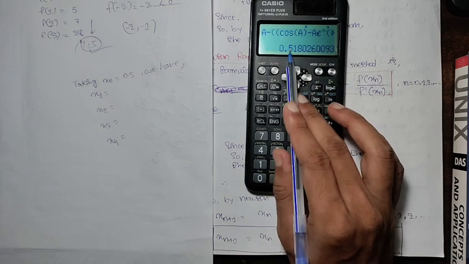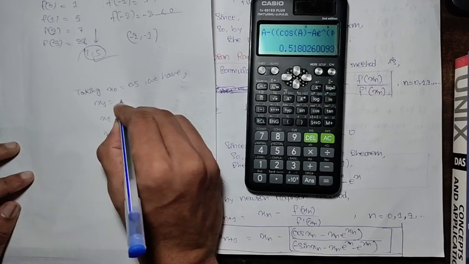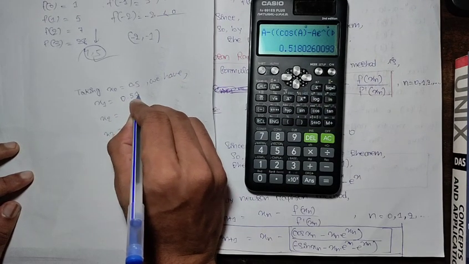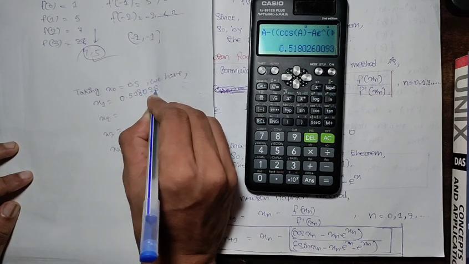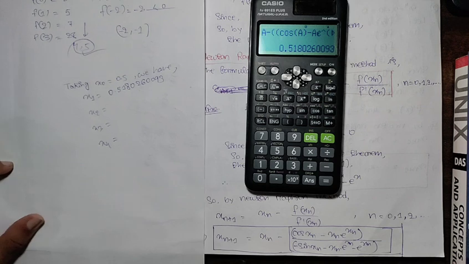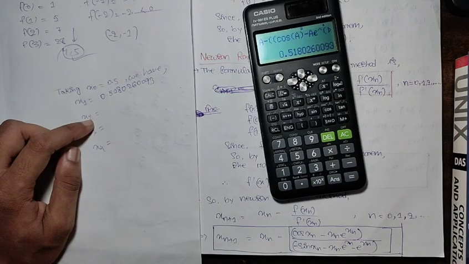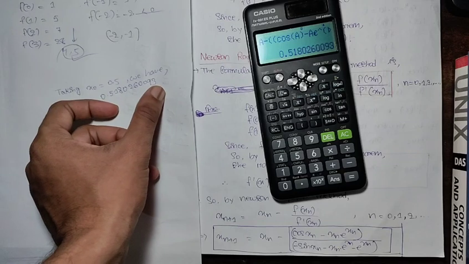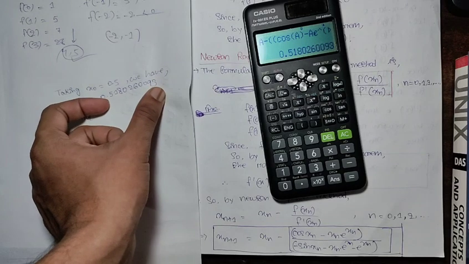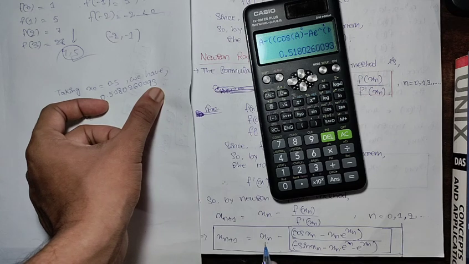See here, our x1 value is this one, that is 0.5180260093. So what should we do, how do we calculate x2 here? Can we place this method entirely in xn, and xn is already stored in which variable?